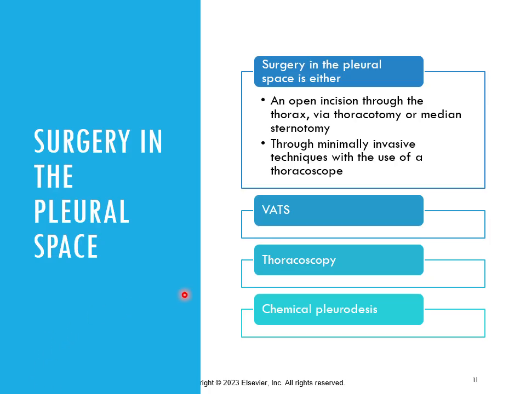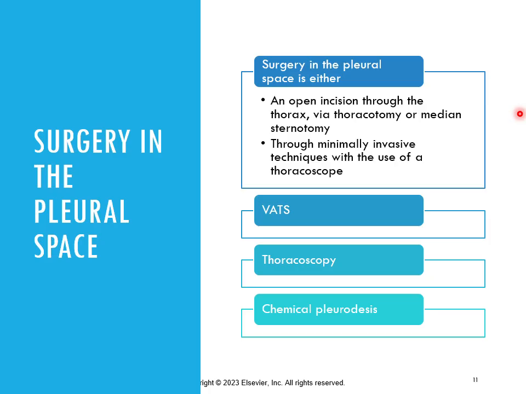So what about surgery? I've talked about different surgeries that can occur in the pleural space. Some of those surgeries usually have an open incision through the thorax via a thoracotomy or a median sternotomy, where they actually open the sternum, or a minimally invasive technique with the use of a thoracoscope.